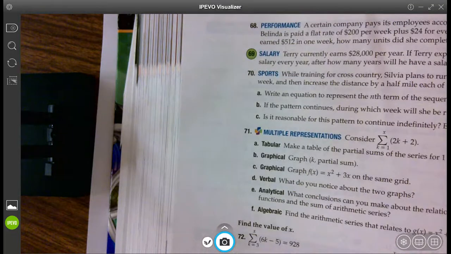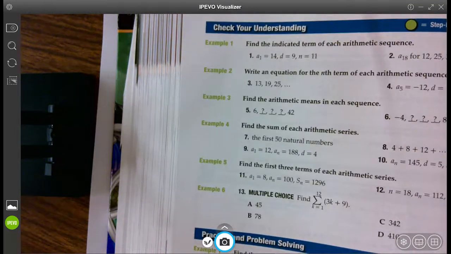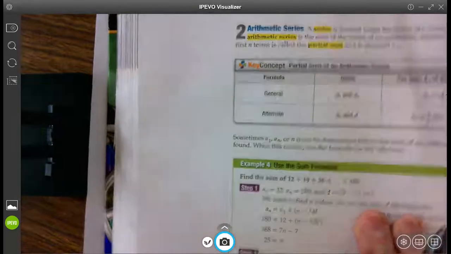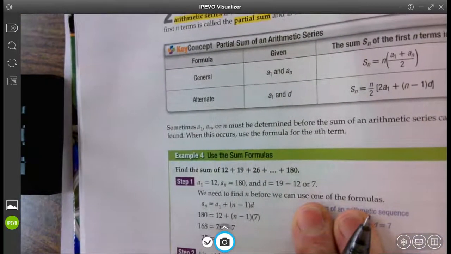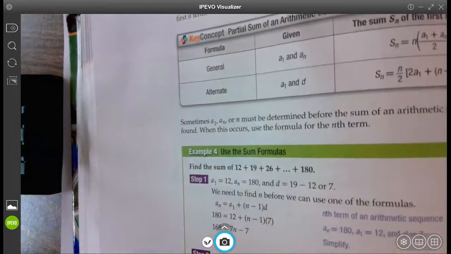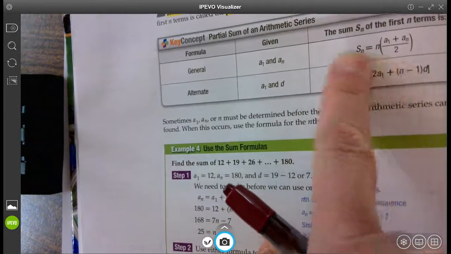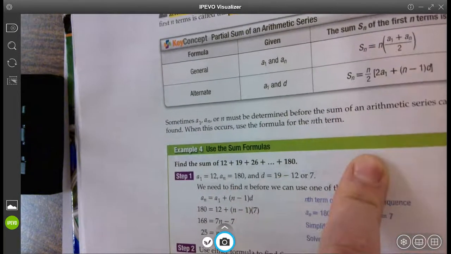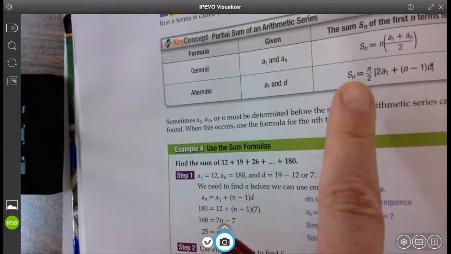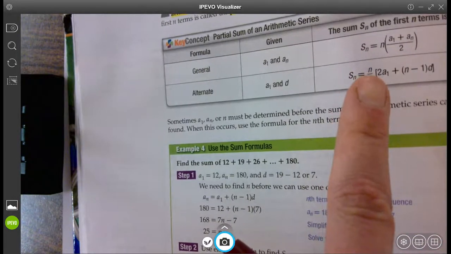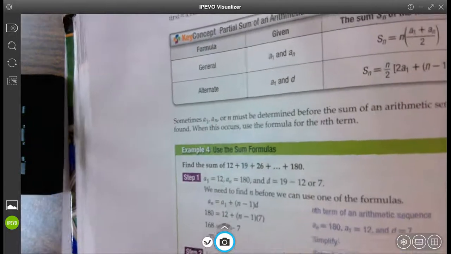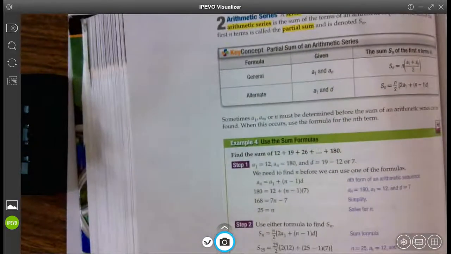Okay, so there are both formulas. So there's the one that I gave you, dividing to get your pairs and adding the first and last terms, or how many terms you have divided by 2. The other is n over 2 times 2 times the first term plus n minus 1 times d. Either formula, I don't care.